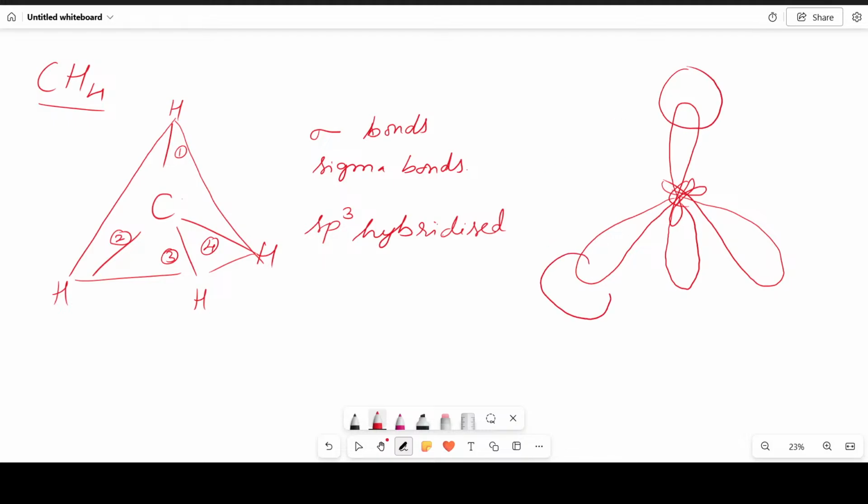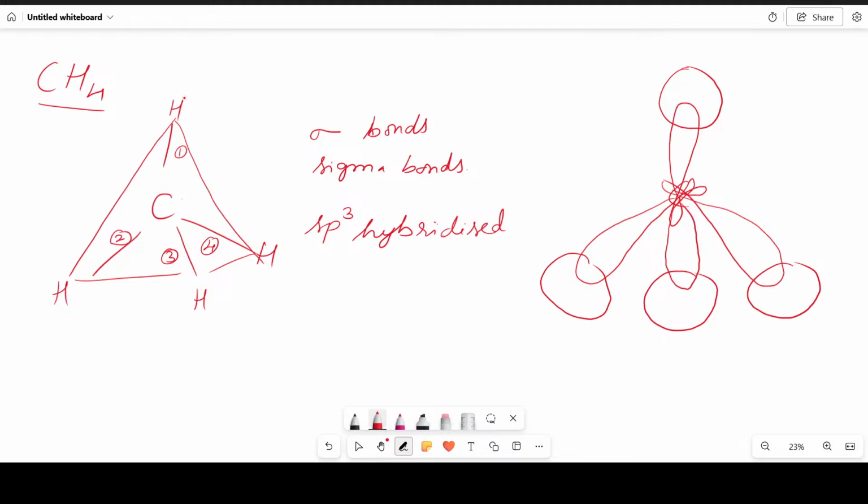This you already learned in the chemical bonding lesson, but still you need to be thorough with your basics. Therefore, I'm teaching you again. So this is the overlap between the sp3 hybridized orbital and the s orbital of the hydrogen atom.